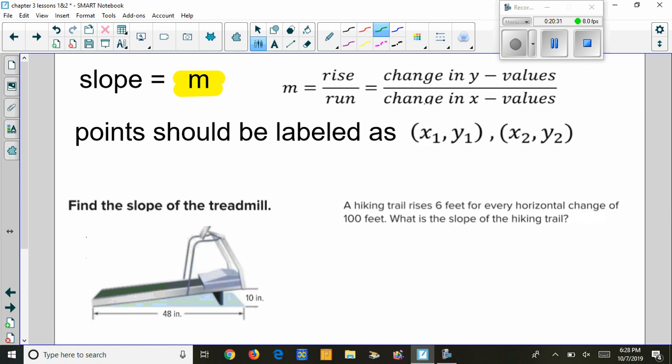That's going to come into play when we start looking at equations. Also, when I talk about the slope between 2 points, we're going to label them as x1, y1, or my first point, and then my x2, y2, which is my second point.